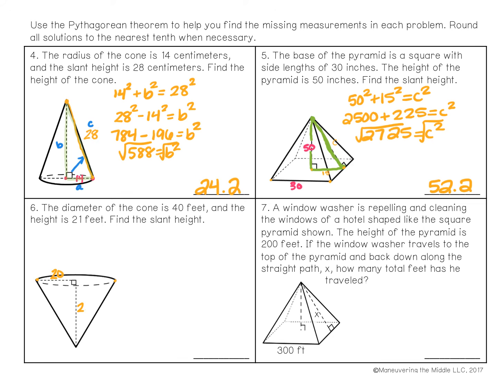The height is 21, and we are looking for the slant height or the hypotenuse. So when I set this up, I'm going to add. When I take the square root of 841, I get that that slant height is going to be 29 feet.